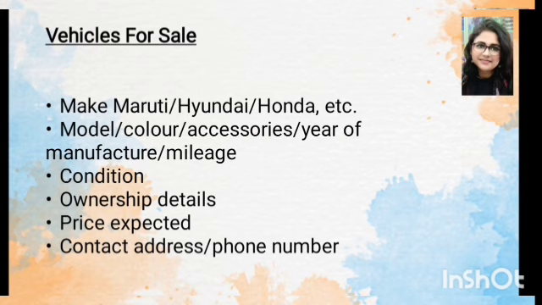You have mentioned the company name, then the model number, then the color, and next the accessories. When we buy a car or a bike, we do a lot of things to make it attractive according to us, like putting in a music system with a CD as well as a USB port.